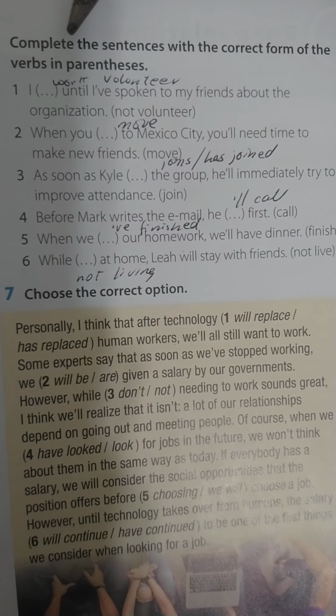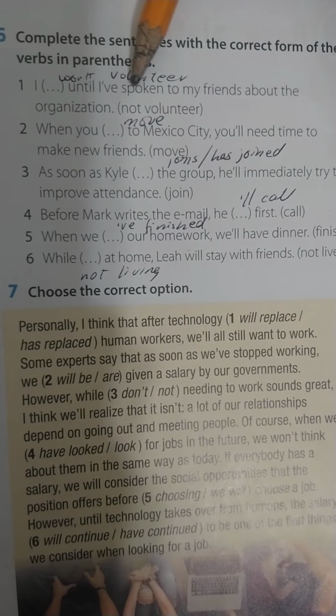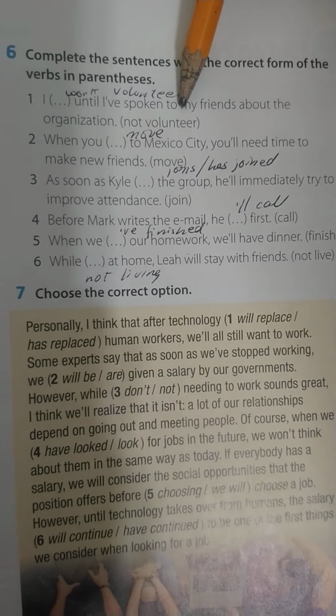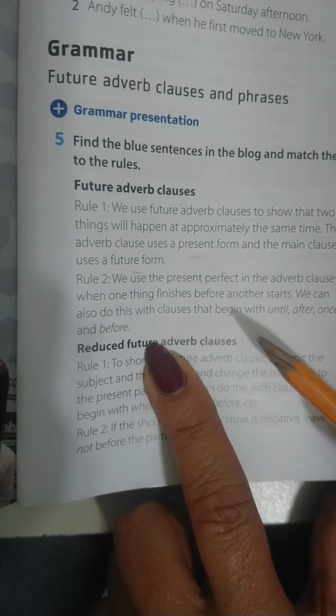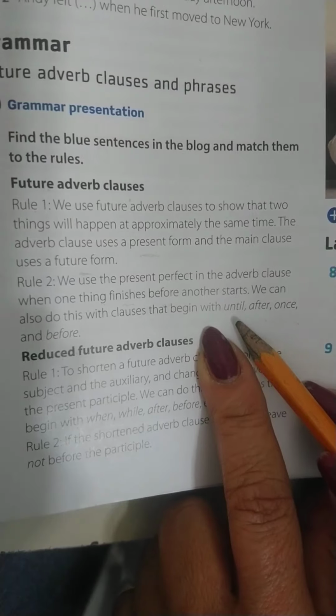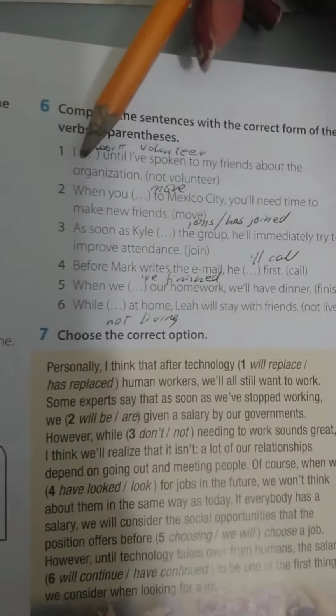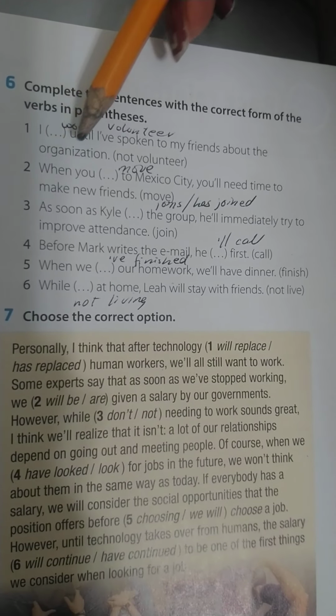This is an action that just finishes before another starts. That is here the present perfect, and we are using until, as you can see here.